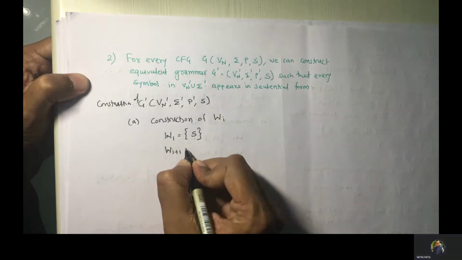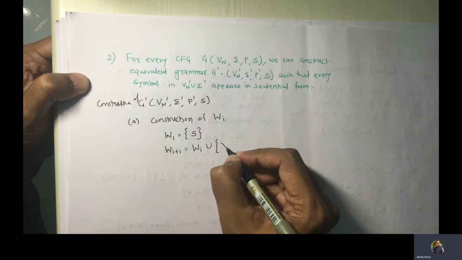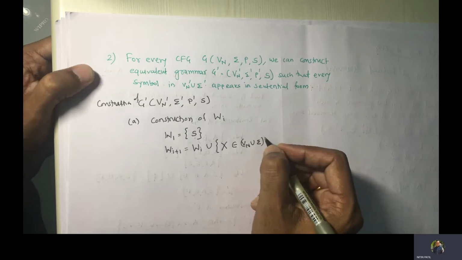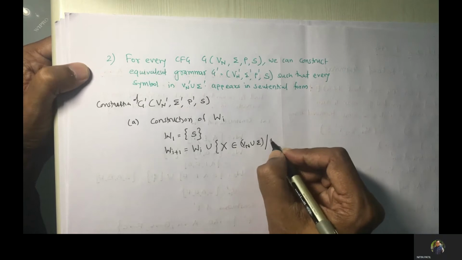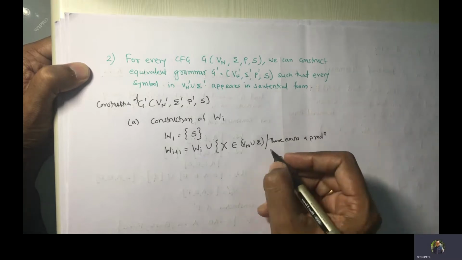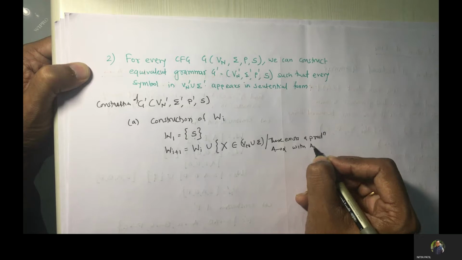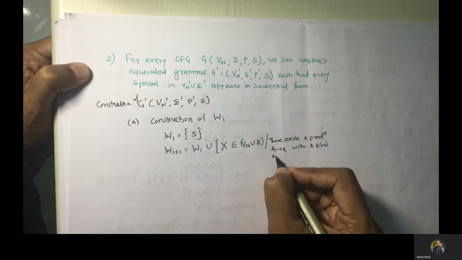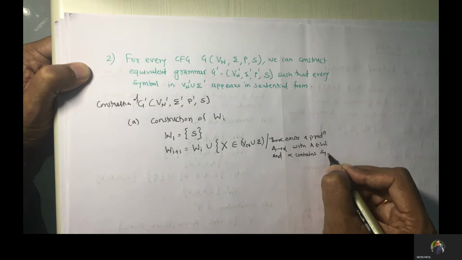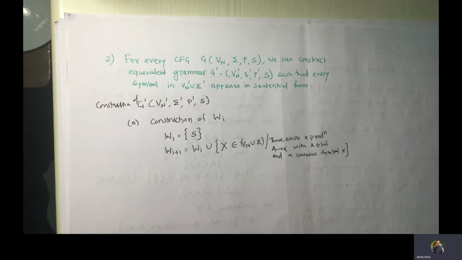Now the next W would be the previous W union a symbol X which may belong to Vn union sigma, such that there exists a production A gives alpha, with A belonging to the previous W and alpha containing symbol X. This is how we are going to construct it.